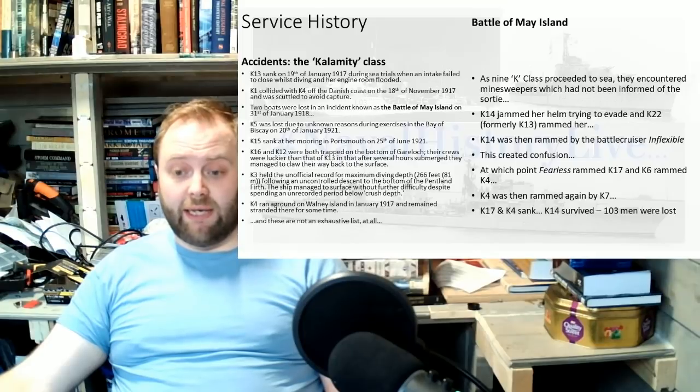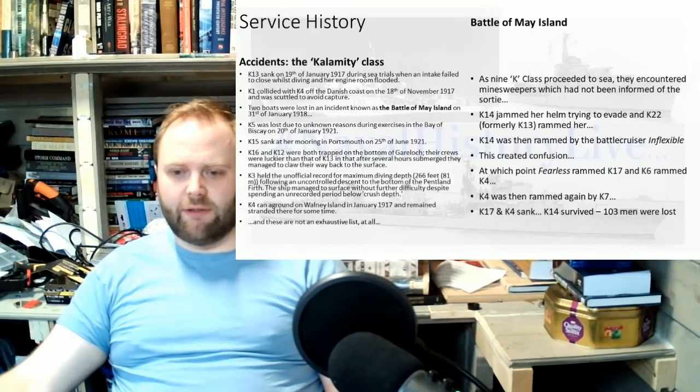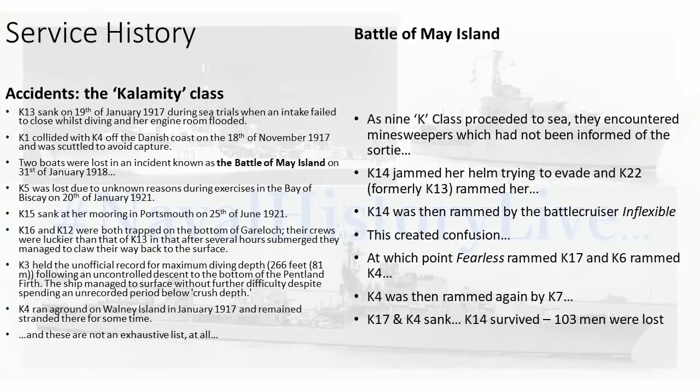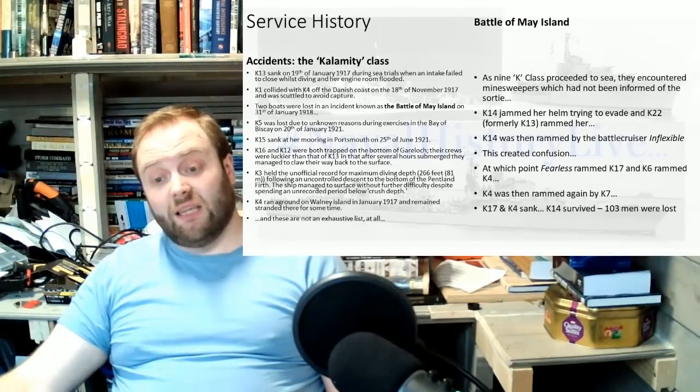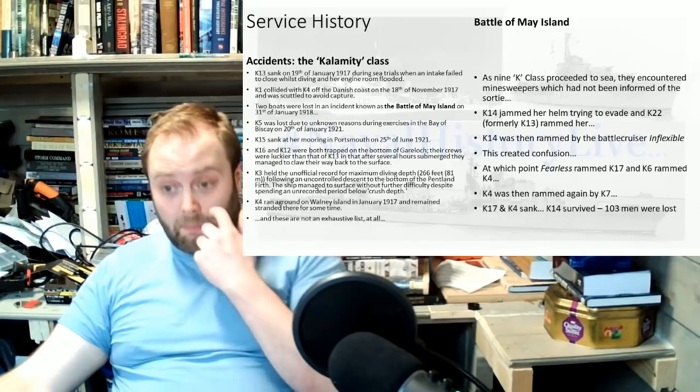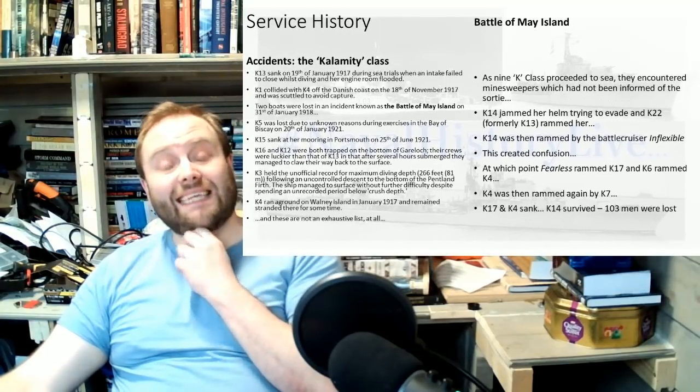There's the Battle of May Island. The Battle of May Island is interesting. As the K-class proceeded to sea, they encountered minesweepers which had not been informed of their sortie. This is not, of course, down to bad design. What happens next is the issues.